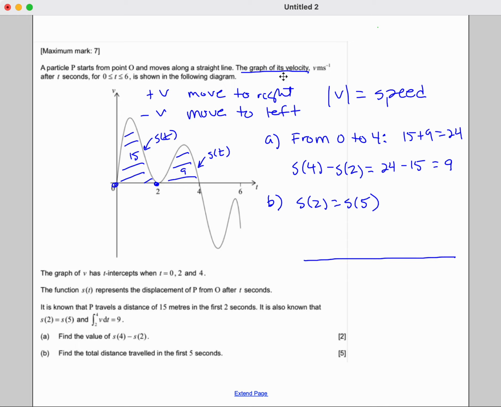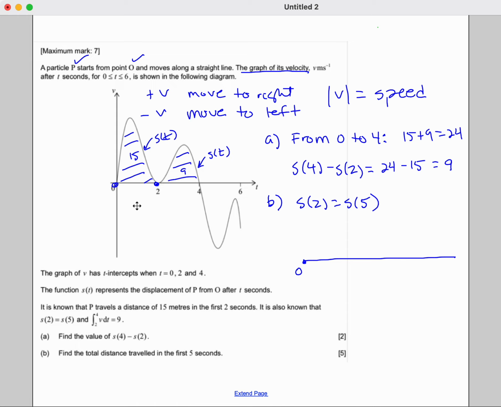Okay, so we know that the particle P starts from point O and moves along a straight line. So it starts from point O. And if you remember, the area under the curve of the velocity gives us the displacement, which means how far it is away from the origin.